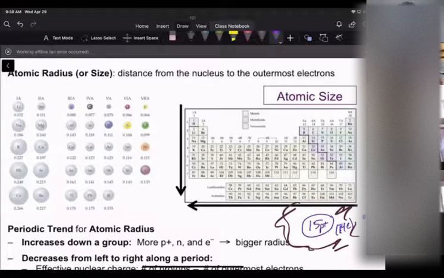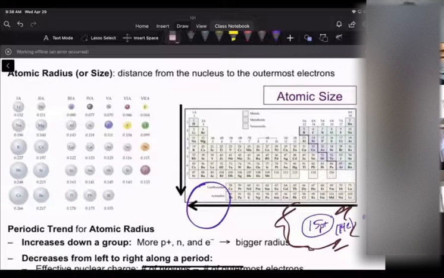And that experiences shielding from all of those other electrons. So how close it can get to the nucleus and how many electrons are blocking it from that positive charge all have to do with why it's held closer. Basically, these ones are smaller over here, and these ones are larger.